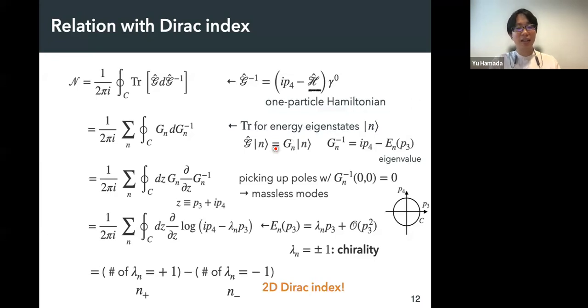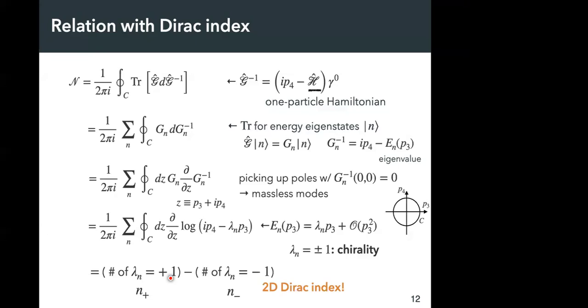Otherwise, if this is non-zero, that means the two-dimensional theory should be anomalous, but of course, the full 3+1 dimensional theory is not anomalous. That means there is some anomaly inflow from the bulk.